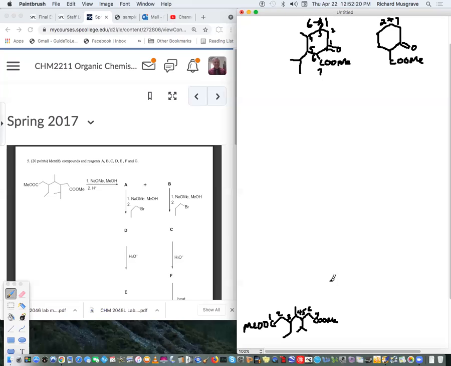Going on the 2 to 7, that means the 1 is on the outside. This will be 2 and this will be 7, 6, 5, 4, 3, and on the 3 I've got the ethyl, on the 4 I've got the methyl, and on the 5 I've got the isopropyl.